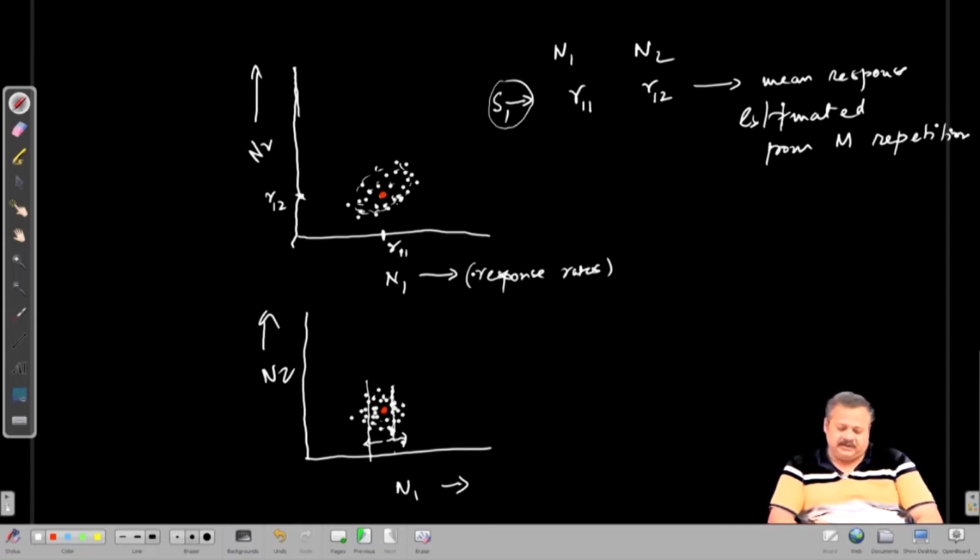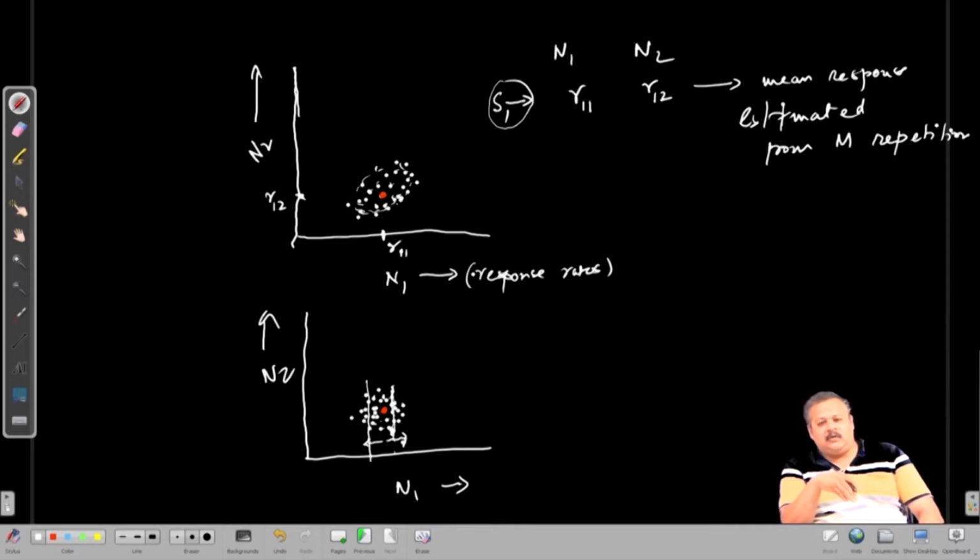However, let us say there is a tendency of neuron 1 and neuron 2 to co-vary, that is, they vary together around the mean.